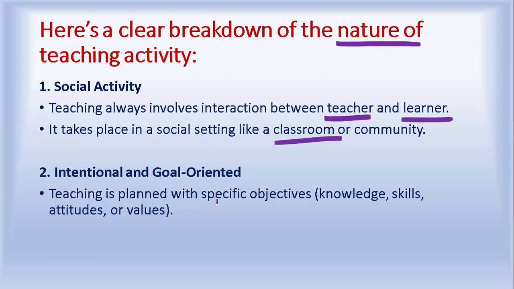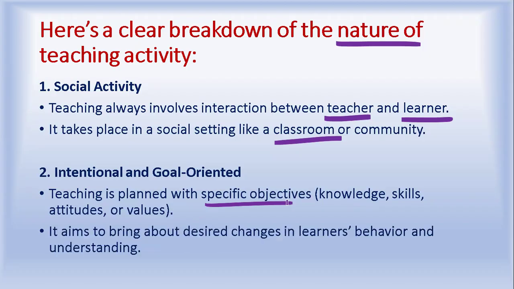Teaching is planned with specific objectives such as knowledge, skill, attitude, values. In the next slide, we will see how teaching is helpful in gaining knowledge, skill, attitude, and values. It aims to bring about desired changes in learners' behavior and understanding.